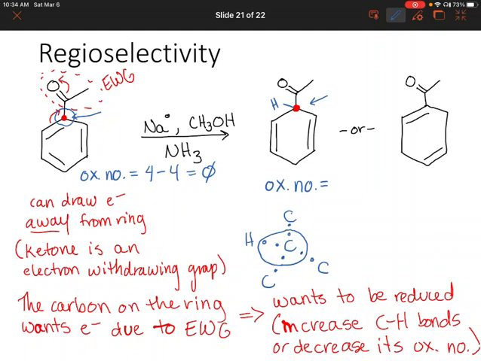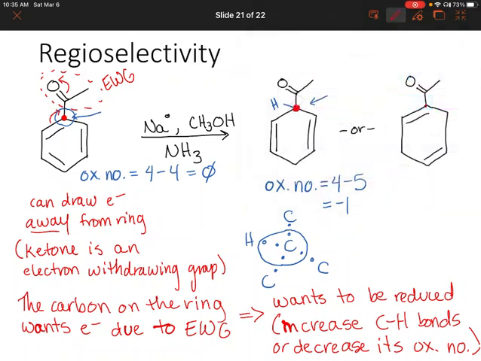So now we have 4 minus 5, which gives us an oxidation number of -1. So we've decreased the oxidation number. It's less than 0. We've also reduced that carbon by adding a hydrogen, so that is probably the preferred product, but let's double check the other product just to make sure.